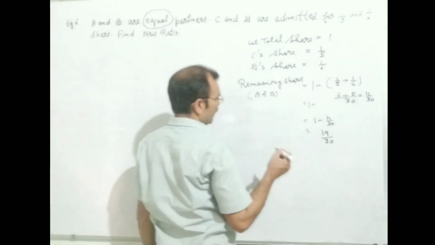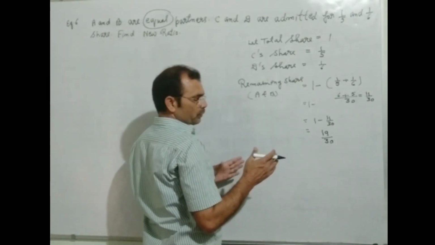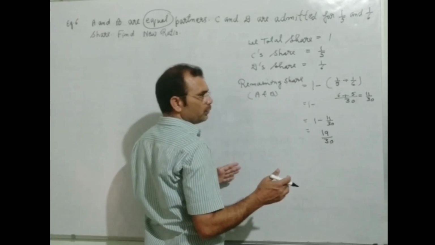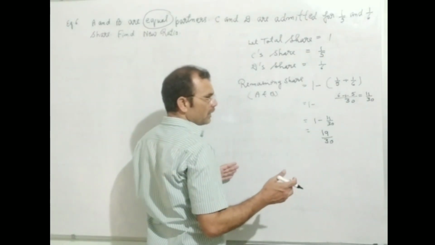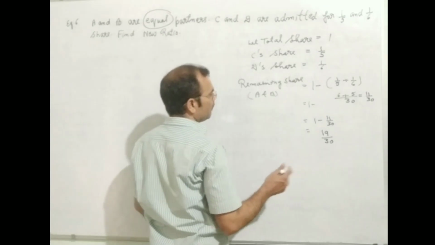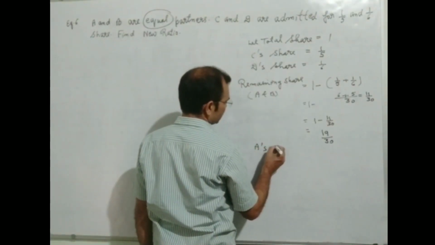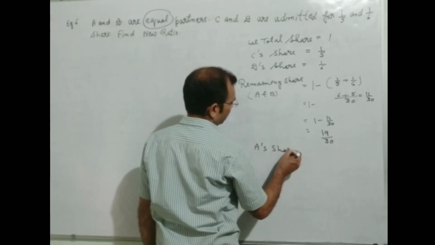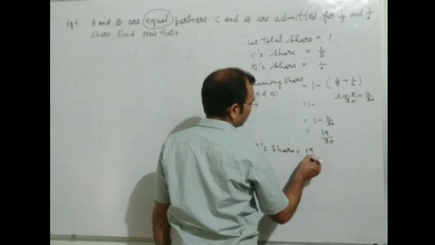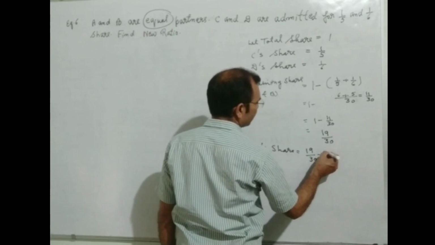Whenever we have to divide any part into two parts equally, we will solve in this way. A's share is 19 by 30 divided by 2.